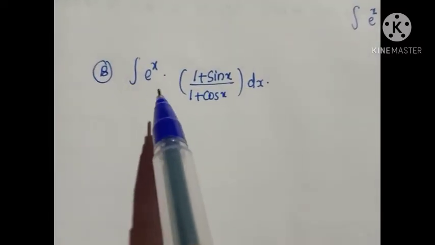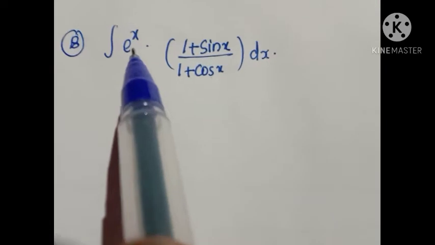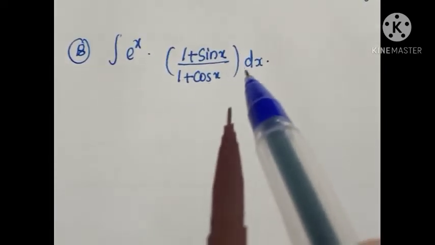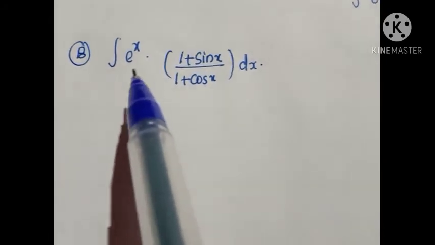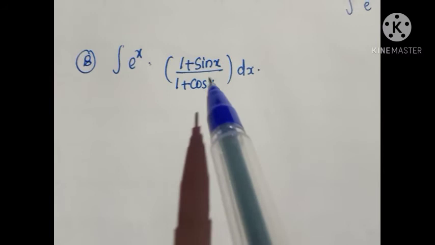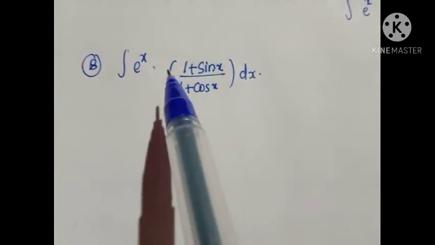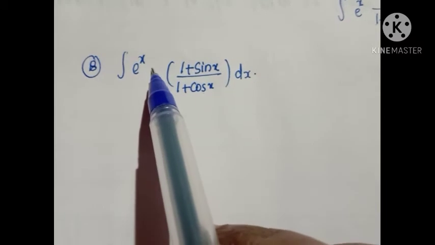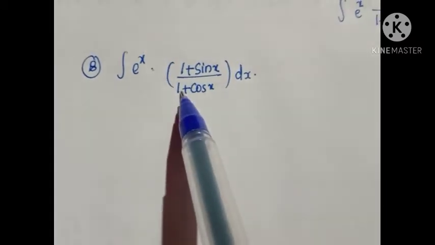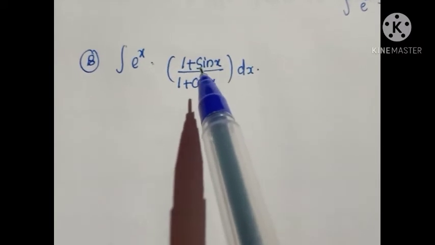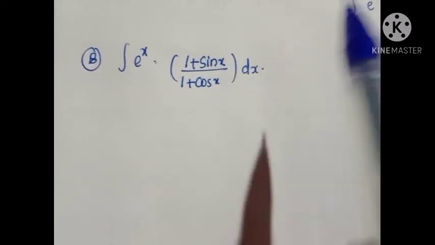Question number 18. Integral e raised to x into 1 plus sin x by 1 plus cos x dx. Listen, the integrand is e raised to x into an expression. We are going to convert this integrand as e raised to x into f of x plus its derivative.